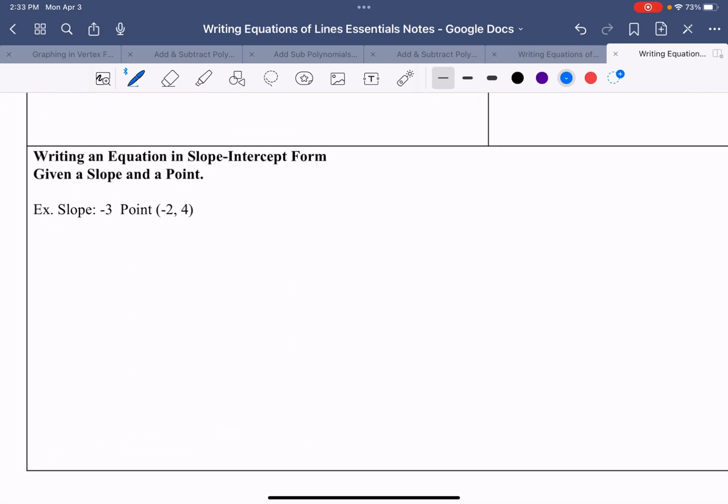All right, this next example, we're going to get a little bit trickier. We're going to add in an equation that we have been working with, and right now it's asking for slope-intercept form. So slope-intercept is y equals mx plus b, or y equals slope x plus intercept. They give us our slope, but they give us a random point. This is not at the y-intercept. A y-intercept would be 0, some number.